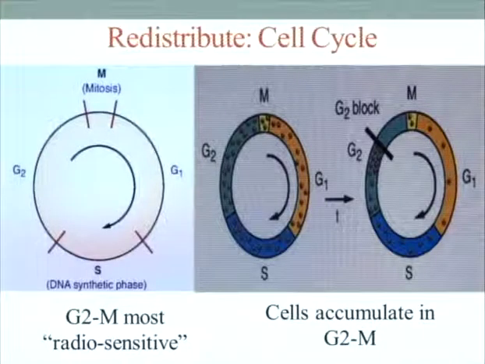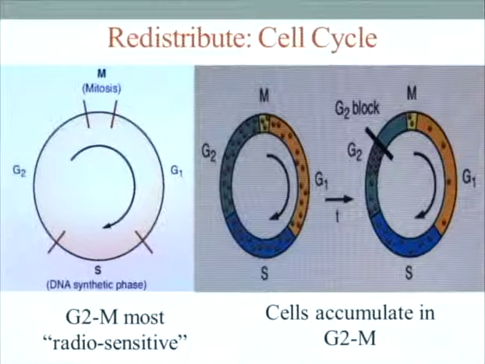The other process that enhances radiation effect with fractionation is redistribution in the cell cycle. This is the simplified version of the cell cycle here, with the 4 parts: mitosis, G1, S, and G2. Cells are most sensitive to radiation effect in G2 and M. When you encounter a group of cells that are in all different phases of the cell cycle, when they receive that first radiation dose, those in G2/M are selectively killed.